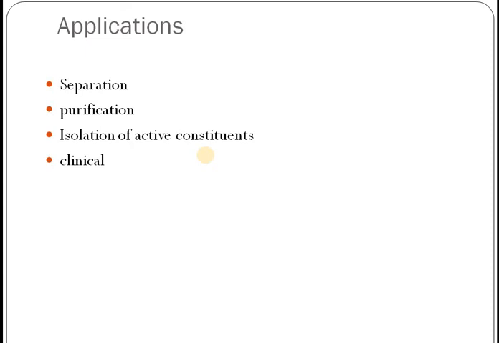The types of column chromatography: adsorption column chromatography, partition column chromatography, gel column chromatography, and ion exchange column chromatography.